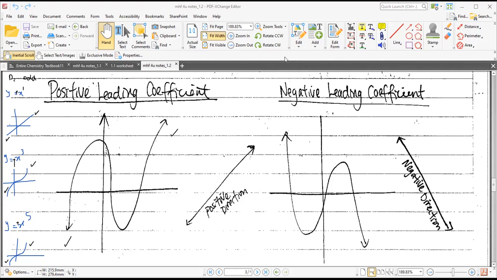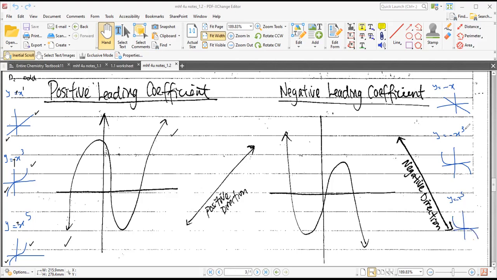The same way I can show, knowing y equals negative x, everyone knows the graph looks like that. Y equals negative x to the power 3, the graph looks like this. And y equals negative x to the power 5, the graph looks like that.